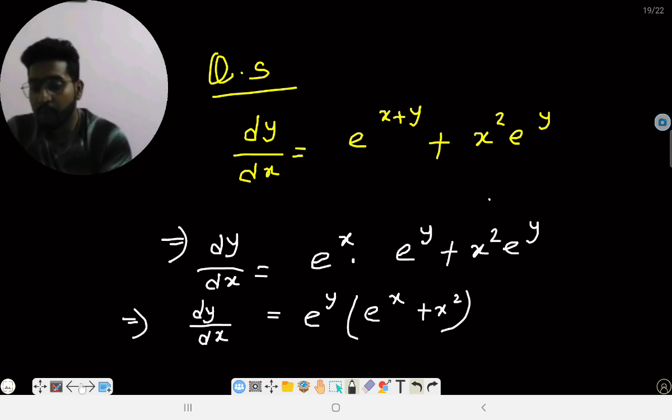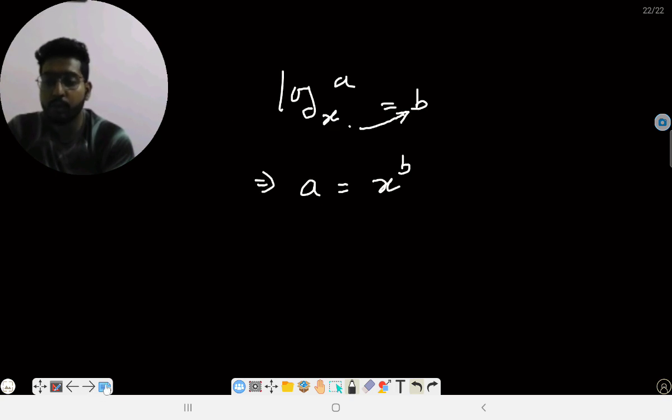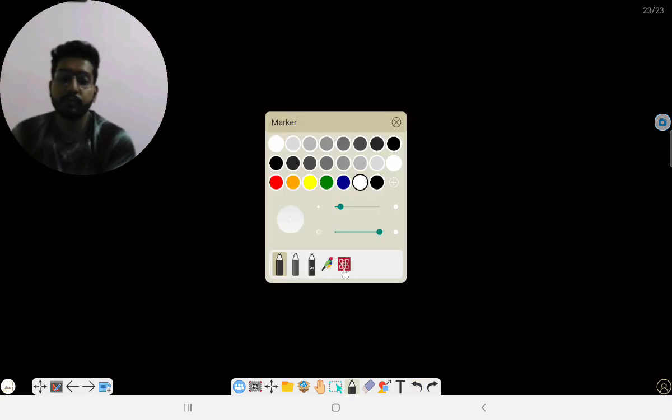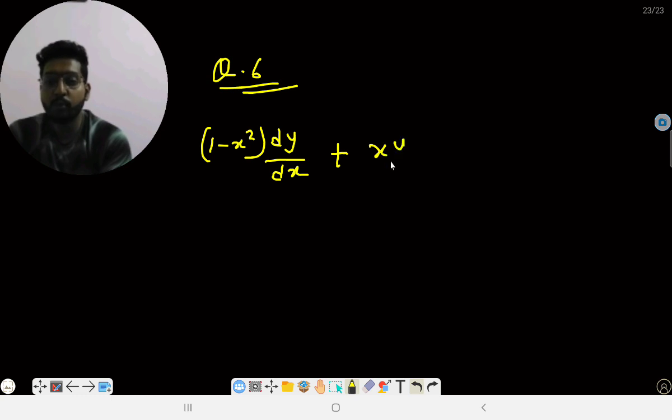Now next one, question number 6, we'll do question number 6 now. So what is question number 6? Question number 6 is given like this: 1 minus x square dy/dx plus xy equals ax.